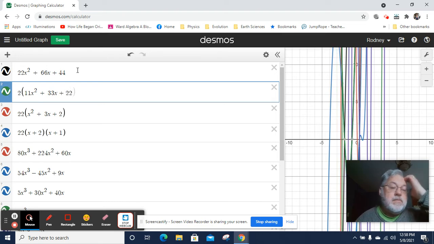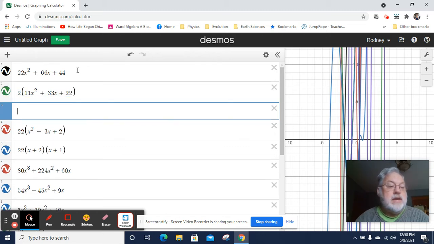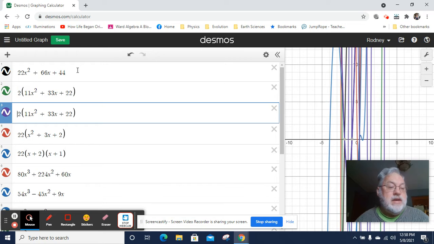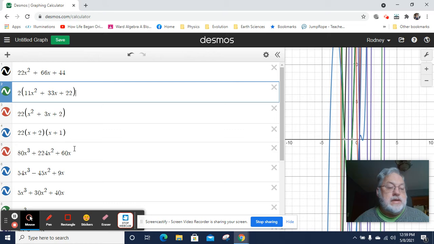Then you might have noticed that you could factor an 11 out of all of that. If you're factoring an 11 out, then the 22 becomes a 2, and the 11 becomes a 1. So don't fret if you didn't see the 22 on the first pass. You could still get there by going through those steps. Okay, let's take a look at the next one.